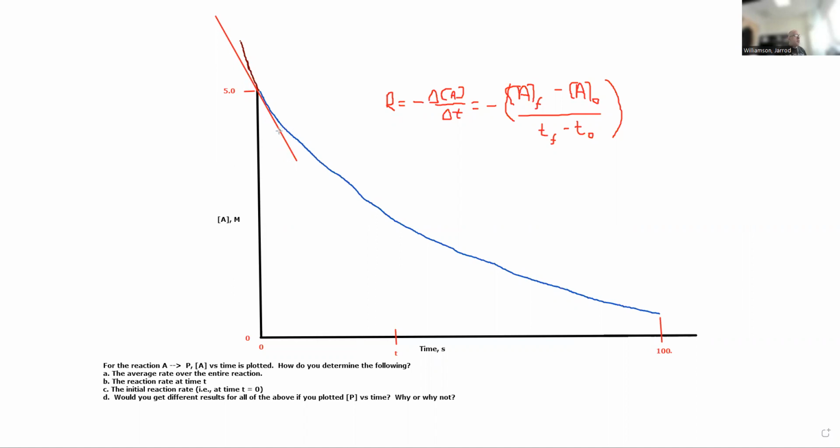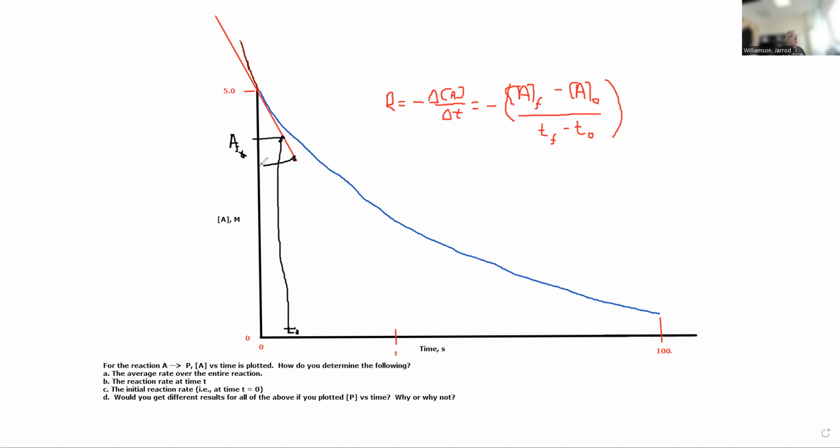I'll take this point right here. Whoops, that's not what I want to do. Let me do this. Take this point right here. Take a point right here. So this will give me A initial and time initial, right? A naught, excuse me.